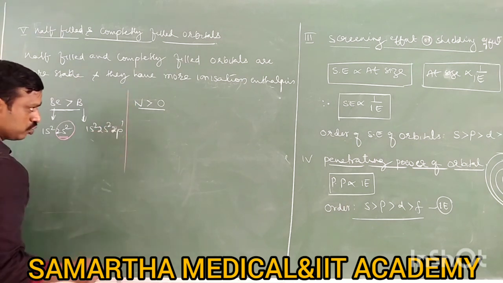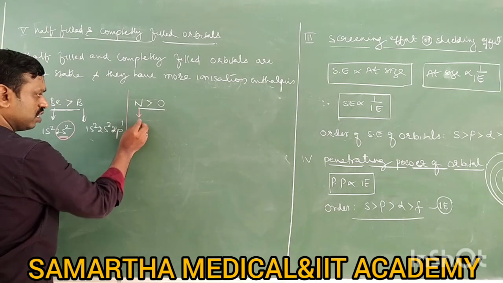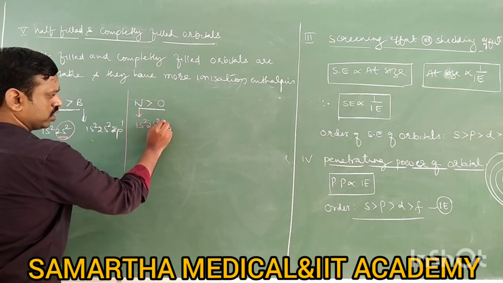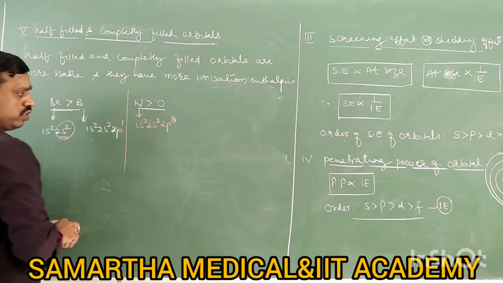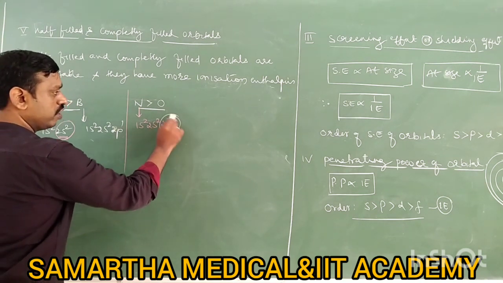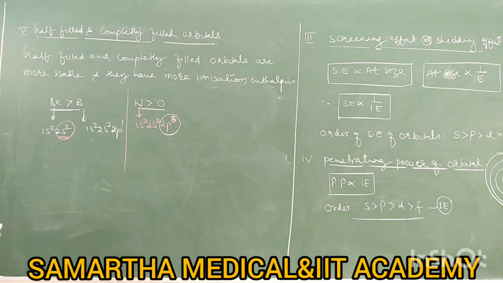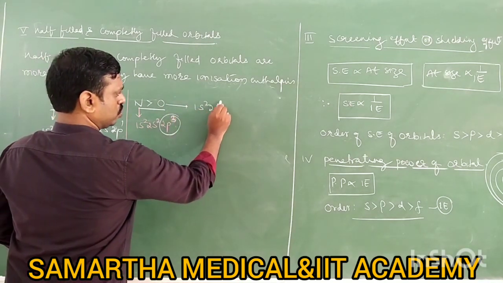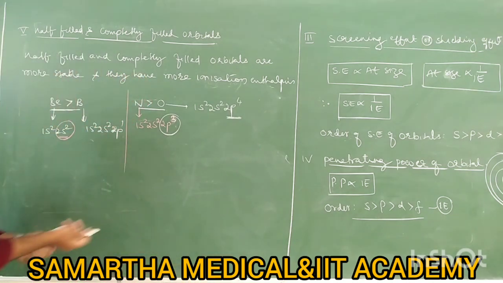Similarly, nitrogen's ionization enthalpy is more than oxygen's because nitrogen's electronic configuration is 1s2 2s2 2p3. So nitrogen has a half filled p orbital, 2p3, whereas oxygen has 1s2 2s2 2p4. 2p4 is not half filled or completely filled.